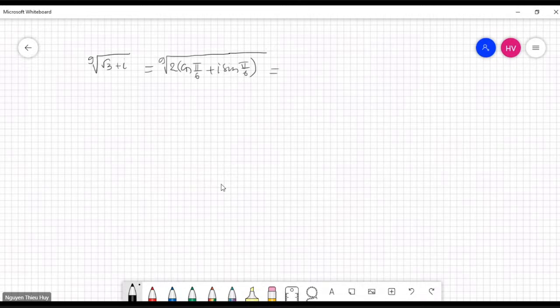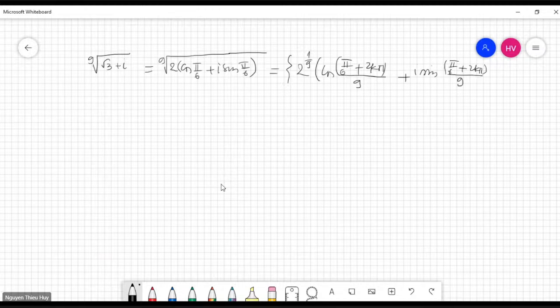So we obtain 2 to the power 1 over 9, and then cos of (pi over 6 plus 2k pi) over 9, plus, if you are careful, you make one more bracket here, i sin of (pi over 6 plus 2k pi) over 9, such that k runs from 0, 1, 2 until 8.